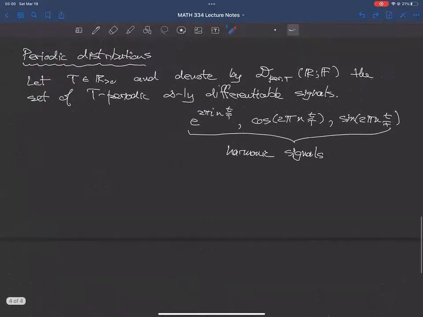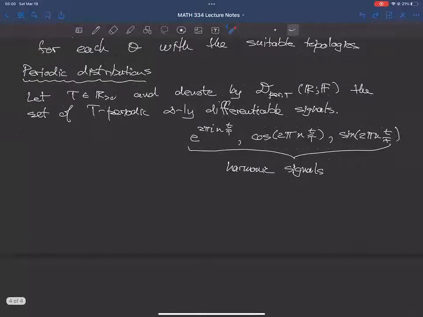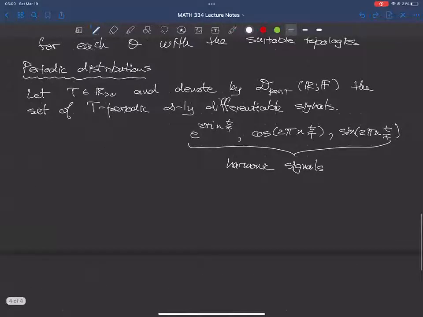Okay. Good. So this is our class of test signals, and as always, we need to define a topology on here, and we do this in the usual way by defining convergent sequences. All right. So a sequence psi j.